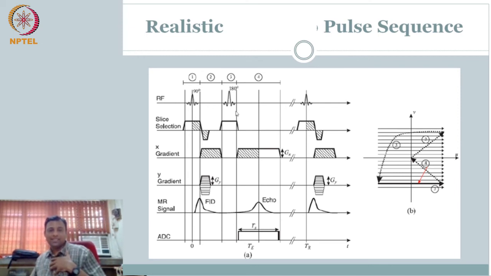Therefore this echo is a spin echo. Everything else is the same, right? Realistic spin echo pulse sequence. I hope you will do the same exercise of seeing how 1, 2, 3, how you go here. Do you understand your travel path? This is something that you need to repeatedly do to get your own appreciation.